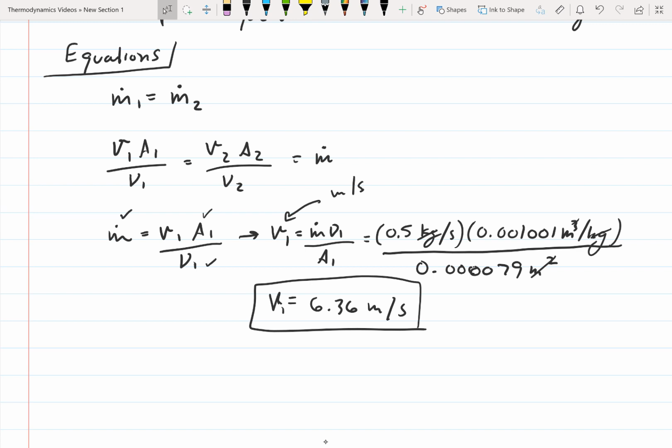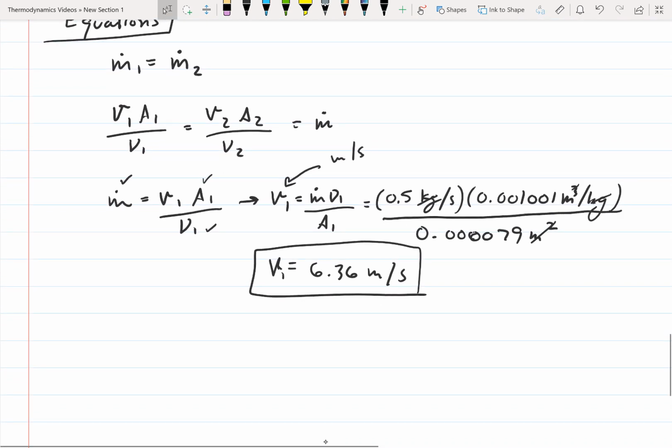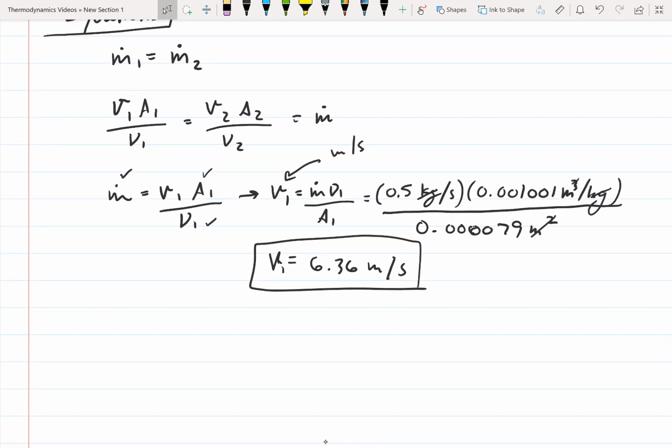That looks like a pretty reasonable number to me. If I had ended up with something really huge, like 600 or 1,000 meters per second, I'd probably question it. Also, if I ended up with something really small, like 0.0008 meters per second, I'd question that as well. But this looks pretty reasonable to me.